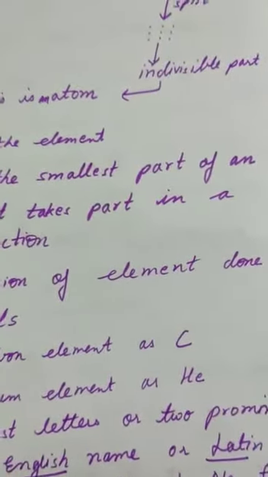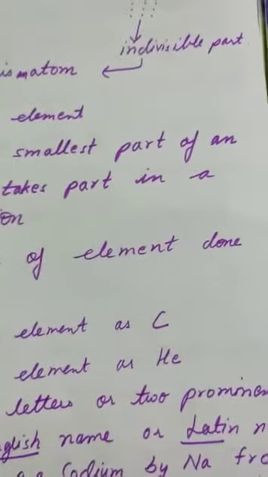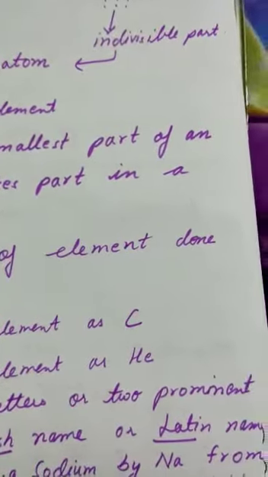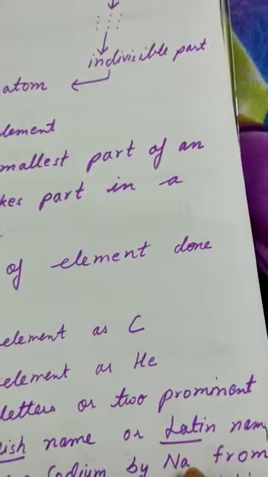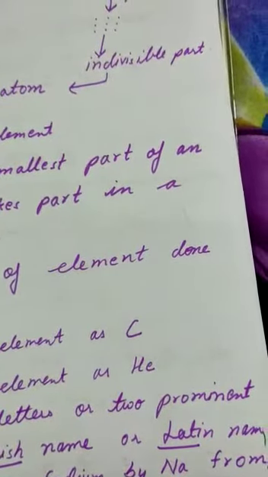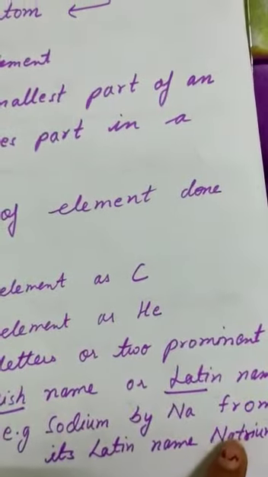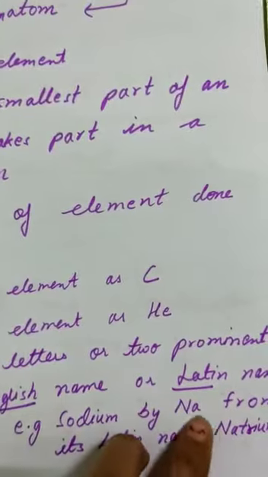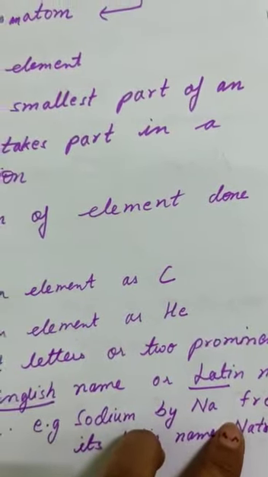But there are certain elements like sodium and potassium which have derived their symbol from the Latin name. For example, sodium has symbol Na, which has been derived from its Latin name, that is natrium. The Latin name for sodium is natrium and its symbol is derived from its Latin name.